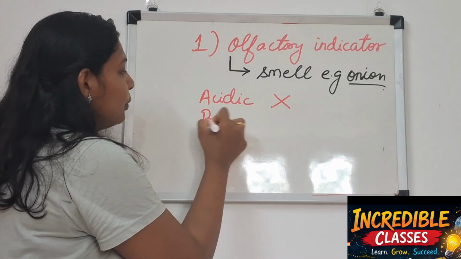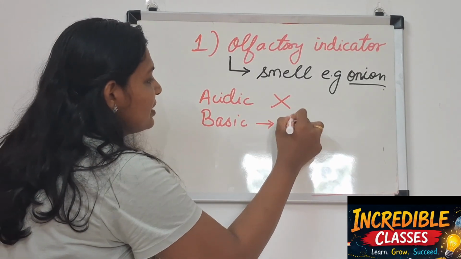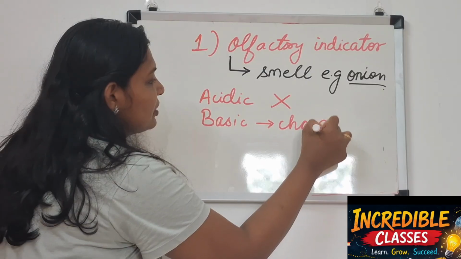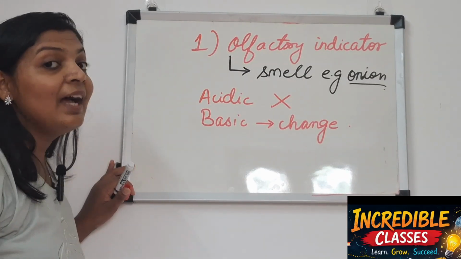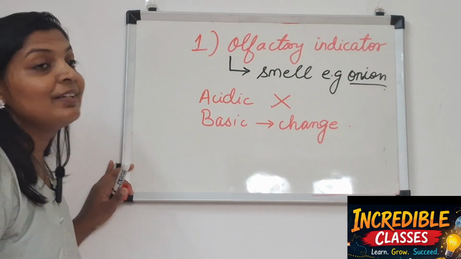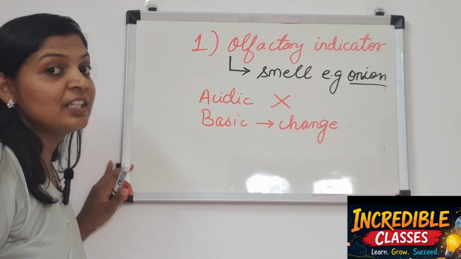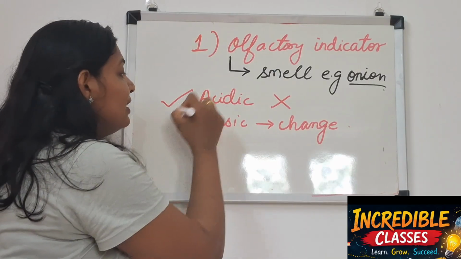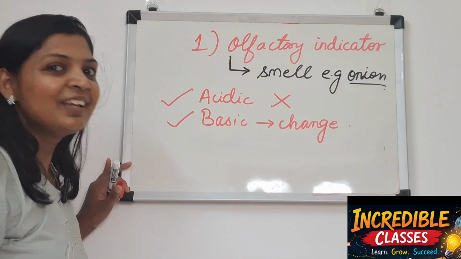But if you put a basic substance into it, the smell will change. From that we can identify whether the substance we are experimenting with is an acid or a base. Okay, clear with that?